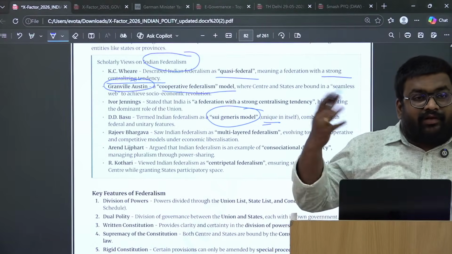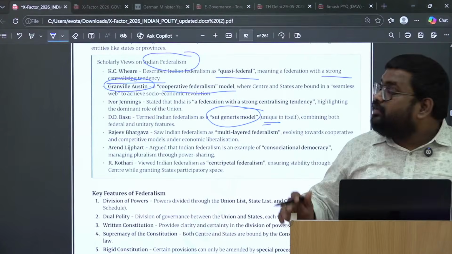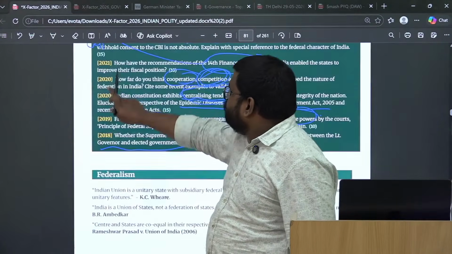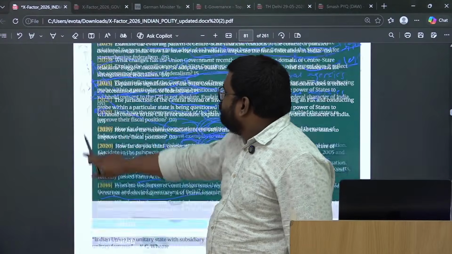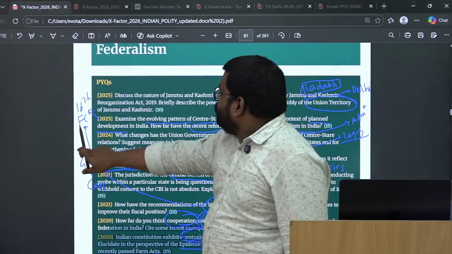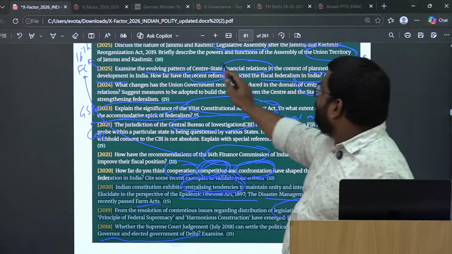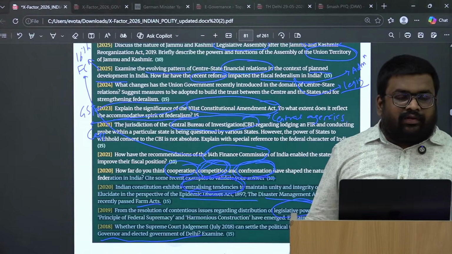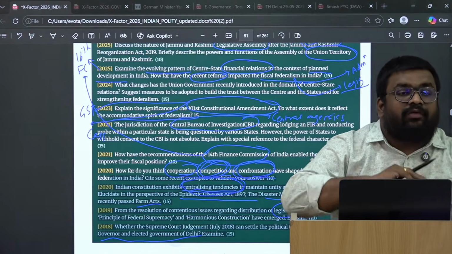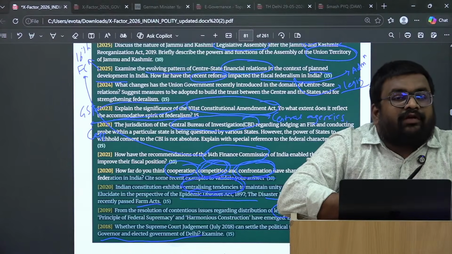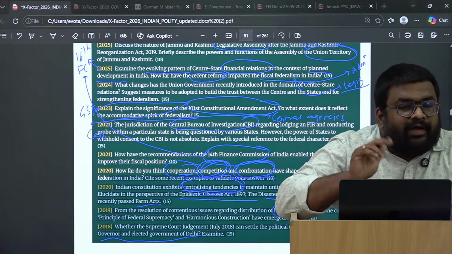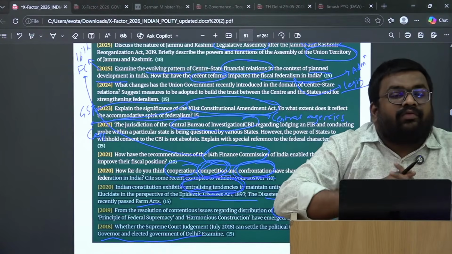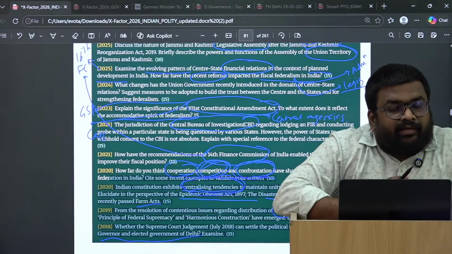So if the question that they frame in that way, ठीक है, या फिर 25 वाला ही अगर क्वेश्चन होगा, ठीक है, कि इवॉल्विंग पैटर्न ऑफ सेंटर स्टेट फाइनेंशियल रिलेशंस. ठीक है, तो वहां पे भी यू कैन यूज द डीडी बसु कोट. इंडियन फेडरलिज्म इज द सुई जेनरिक्स ब्रैकेट में यूनिक मॉडल. दिस इज ऑल्सो रिफ्लेक्टेड इन द फिस्कल फेडरलिज्म डोमेन.